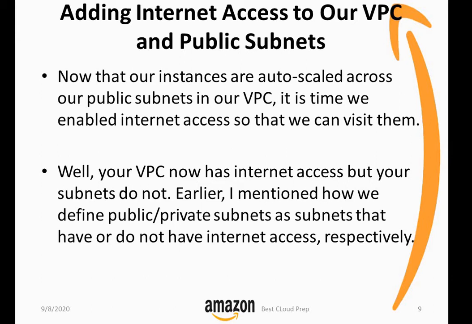Your VPC will have internet access, but obviously your subnets won't by default. Earlier I mentioned how we define public and private subnets as subnets that have or do not have internet access respectively.